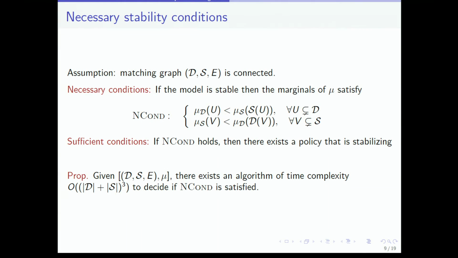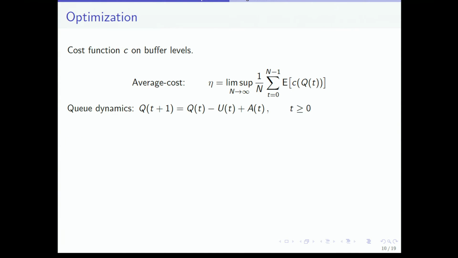Let's say I remove one supply node, I look at the other supply nodes; because of the arrival rate of supply and demand being equal, it will directly not satisfy the necessary condition. But I'll just try to go through the optimization, and then we can have a longer discussion later.